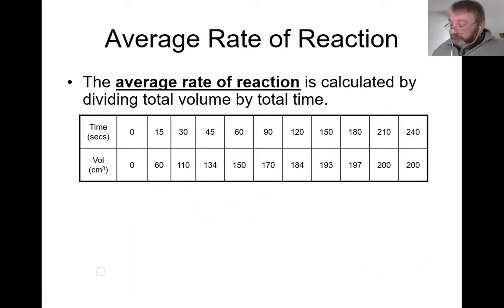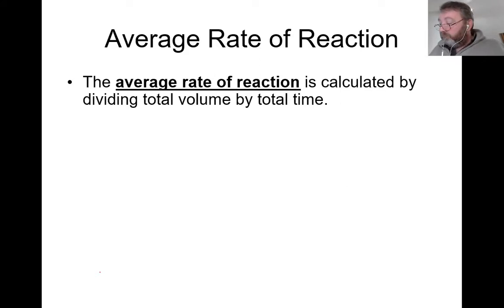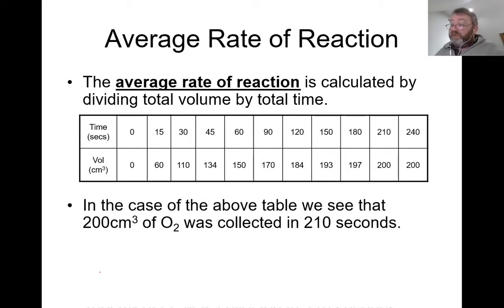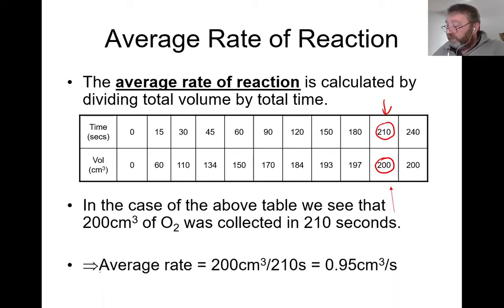In the case of the above table, we see that this being the finish, what does it tell me? 200 centimeters cubed formed in 210 seconds. So you put the quantity, 200, over the time. Time is always on the bottom of your fraction. And as I said already, that will give you the 200 divided by the 210, which is 0.95.